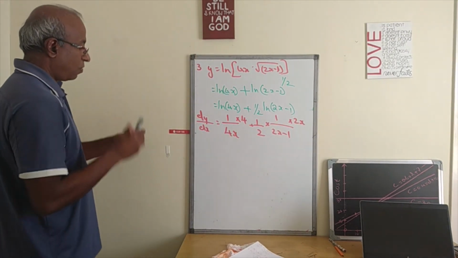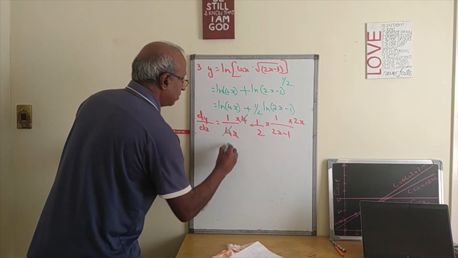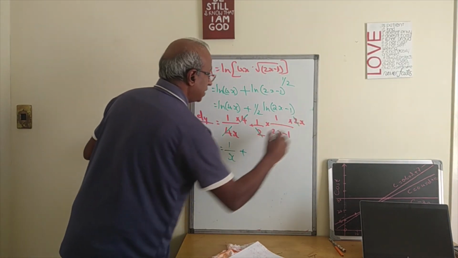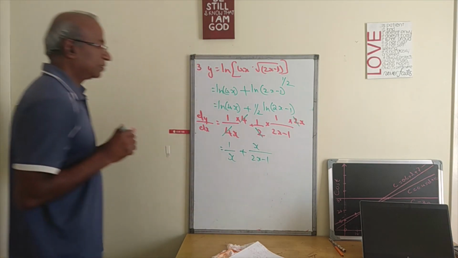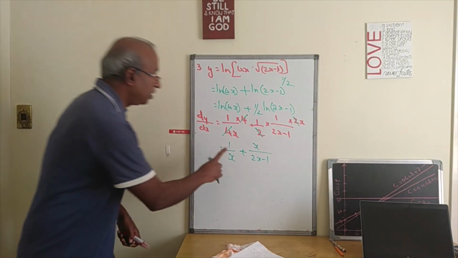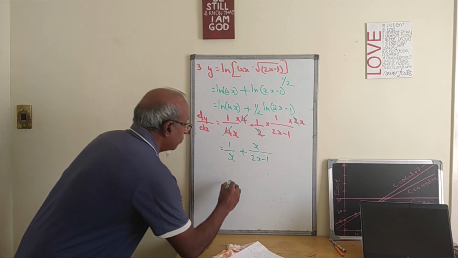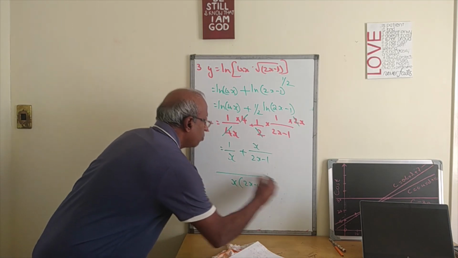Okay, now I'm going to simplify this one. That 4 and 4 are getting cancelled. We have 1 over x plus, that 2 is getting cancelled, we have 1 over 2x minus 1. Let's tidy up. Can you see? One fraction plus another fraction. We are going to take the common denominator.